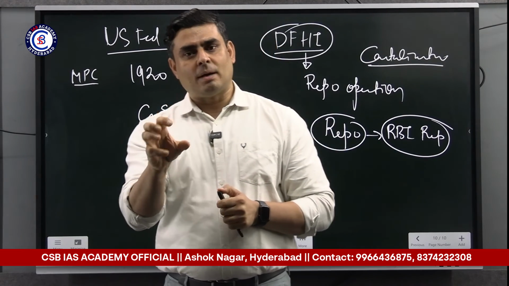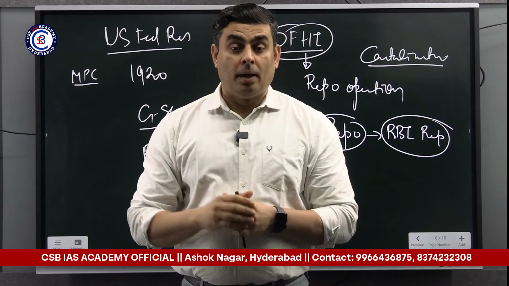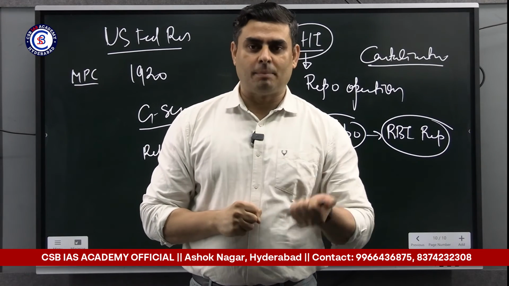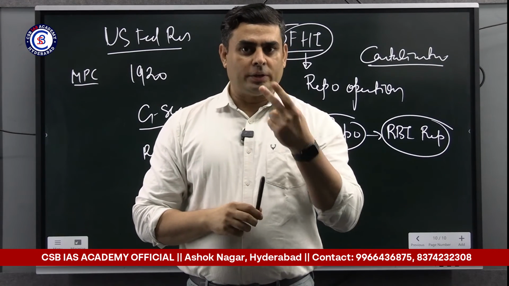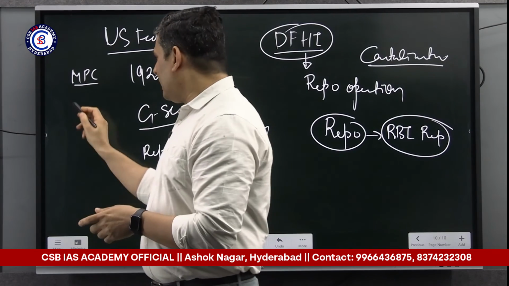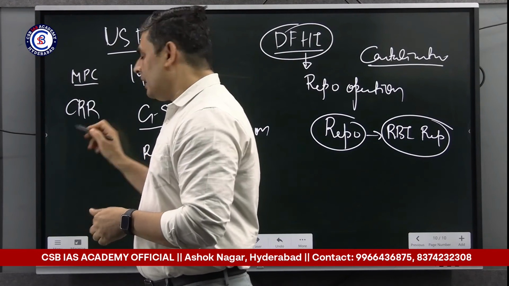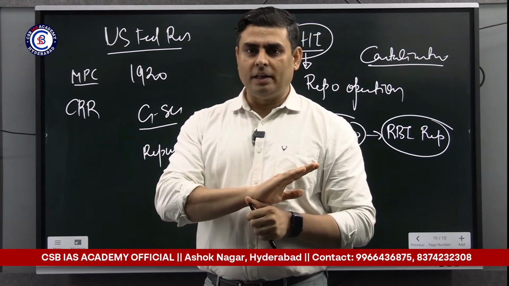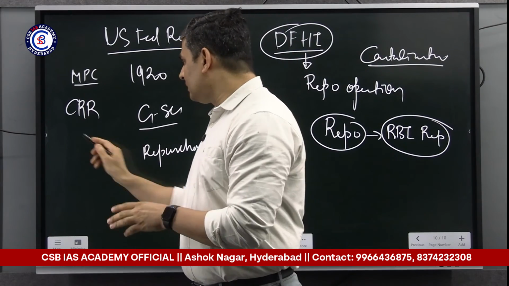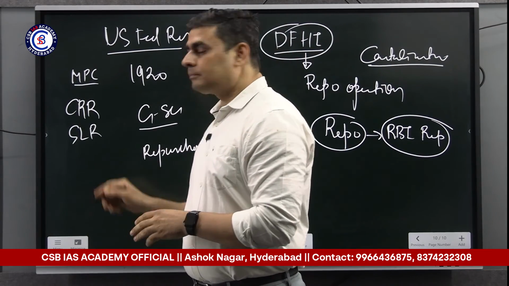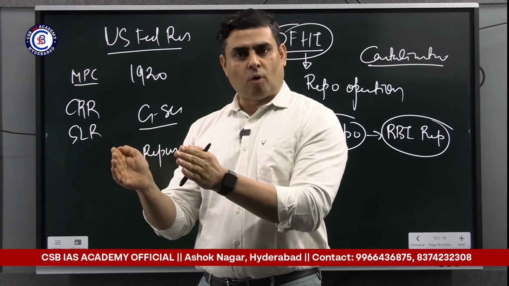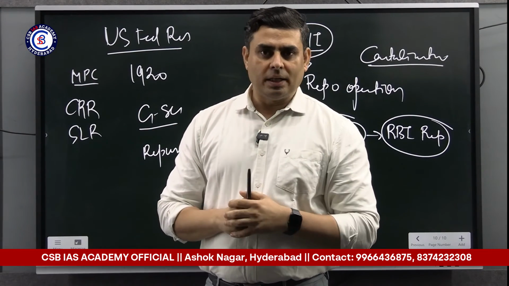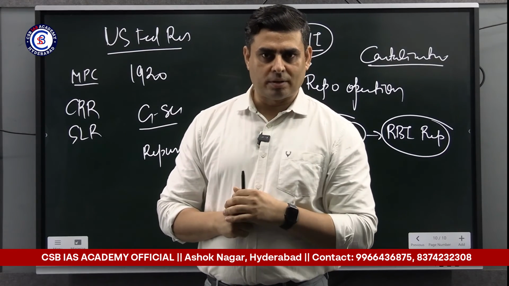So the monetary policy committee fixes the interest rates, but what is still under complete control of RBI? Still two things primarily. One is CRR. It is fixed by whom? It is fixed by RBI. MPC does not have any role in that. And the other is SLR. So these two are still fixed by the RBI, whereas interest rates are fixed by whom? Monetary Policy Committee. Fine?